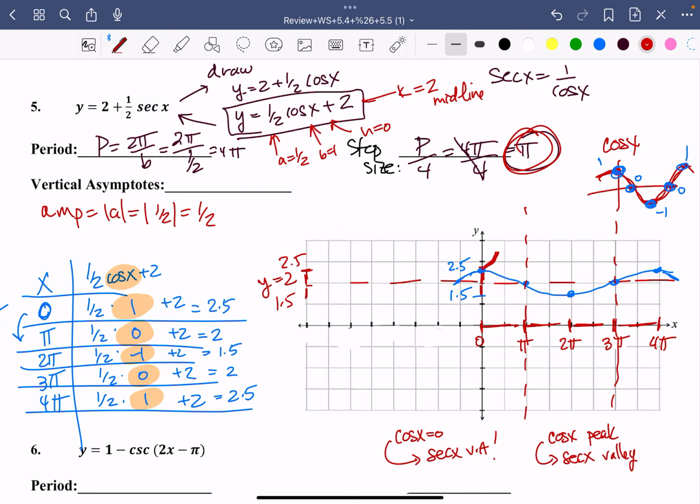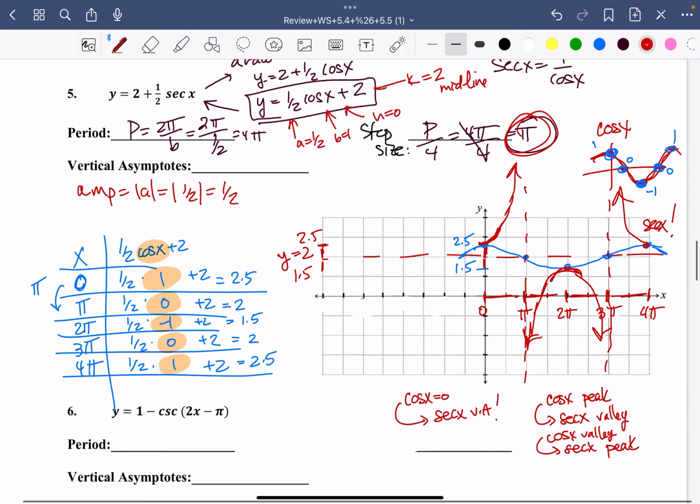So we have a valley right here, yes, but it explodes up. We know that cosine x having a valley means that secant of x has a peak. So here's a peak for secant, but it explodes down as you get closer and closer to the vertical asymptote. So that's what your secant is going to look like. That's secant of x.